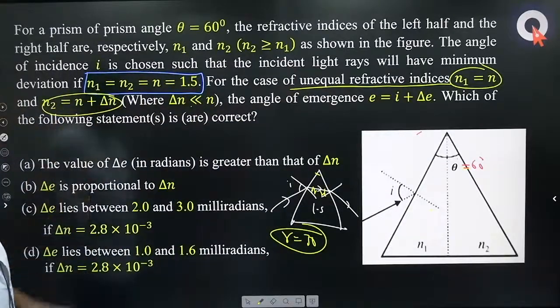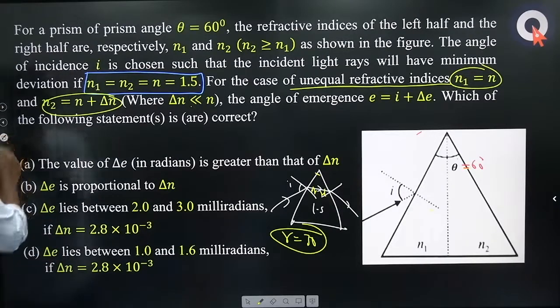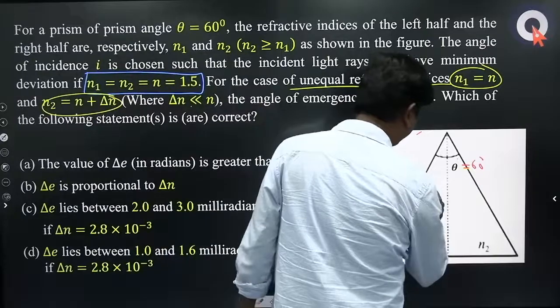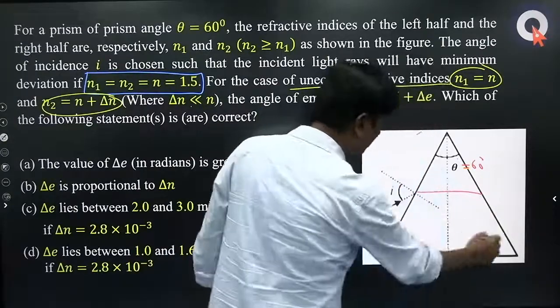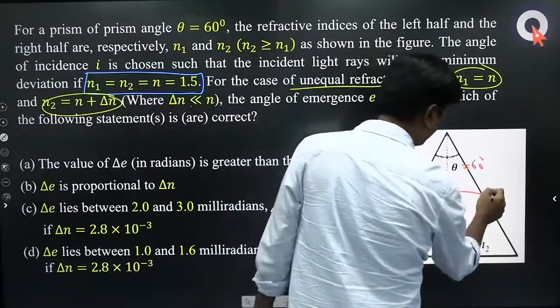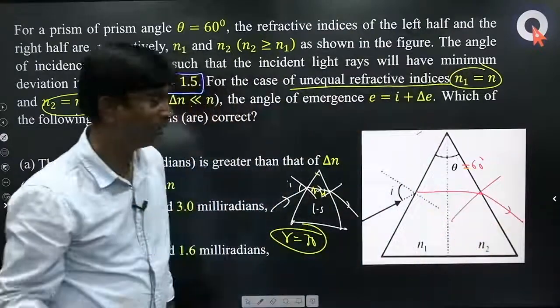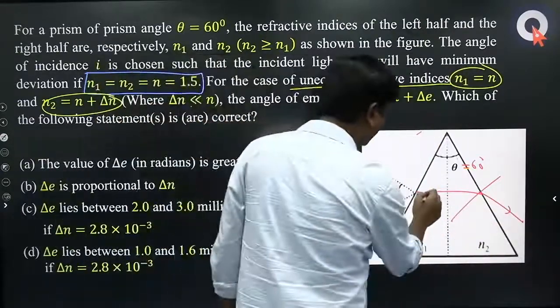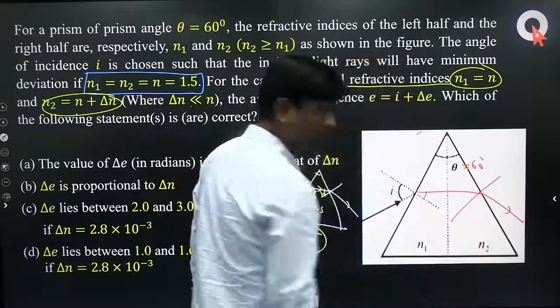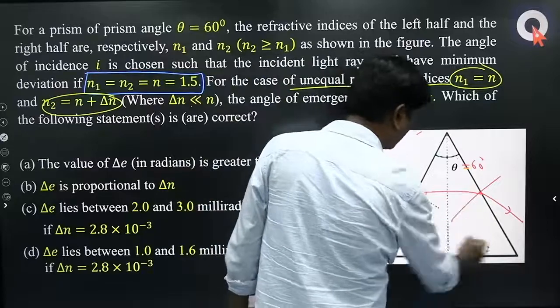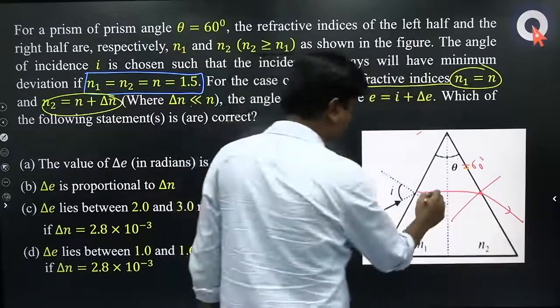Which of the following statements is or are correct for that? So here we take it like this. First it was going normal, parallel to the base, right? Now what are the changes that you will be getting? This is definitely when these two are equal, so that time it is parallel to the base and this angle is 30 degrees.